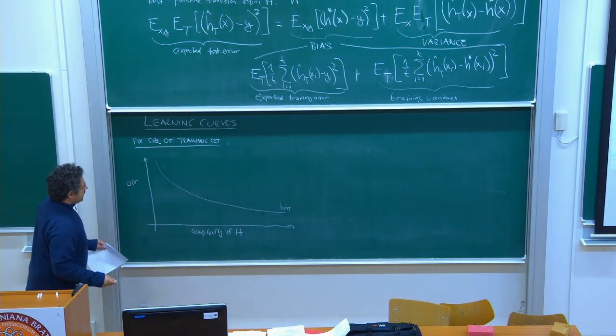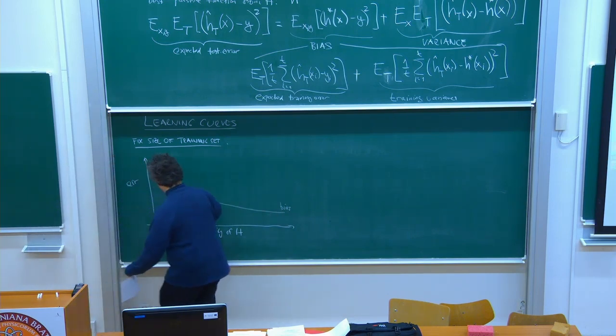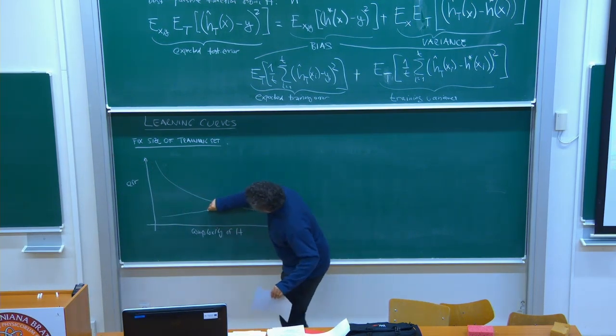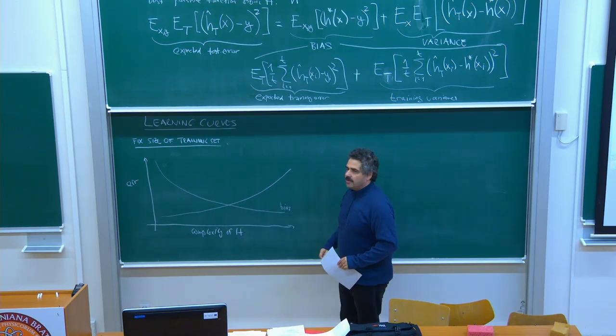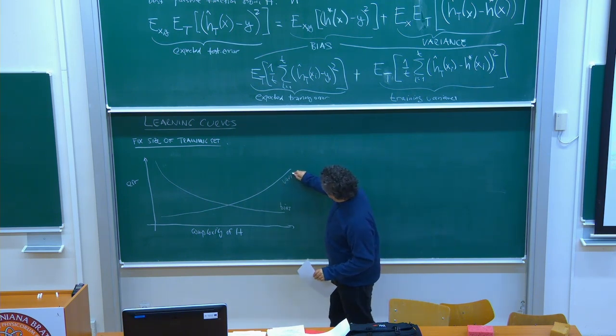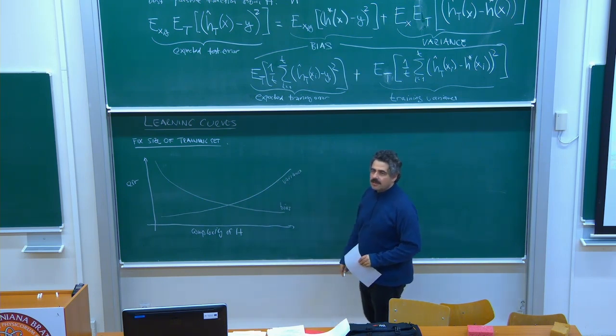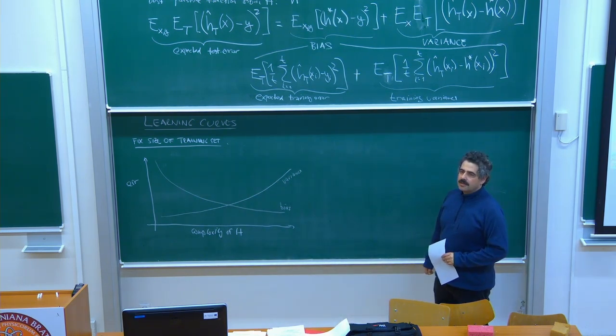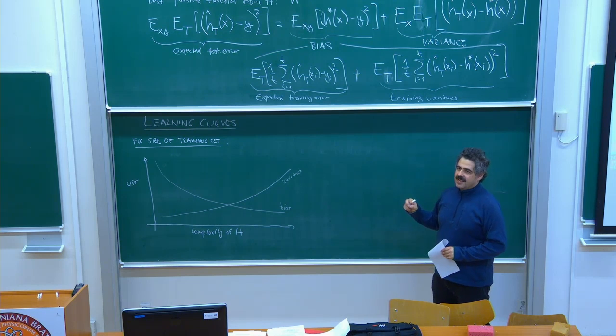And we had this variance term, and that somehow increases. Why did it increase? Well, we have a fixed training set.